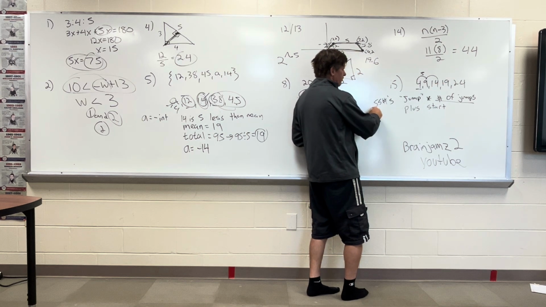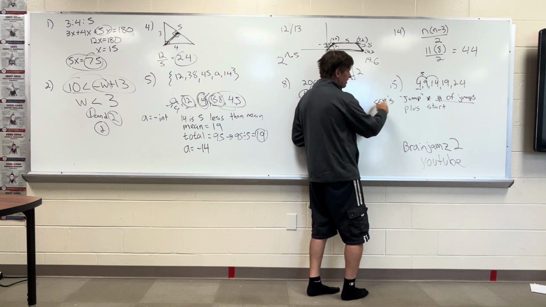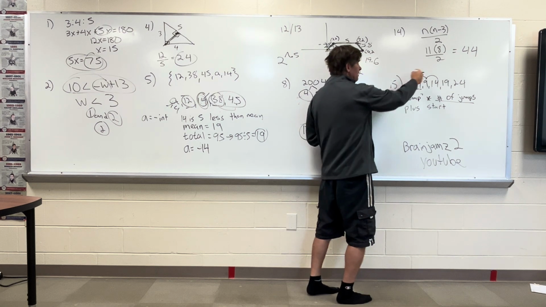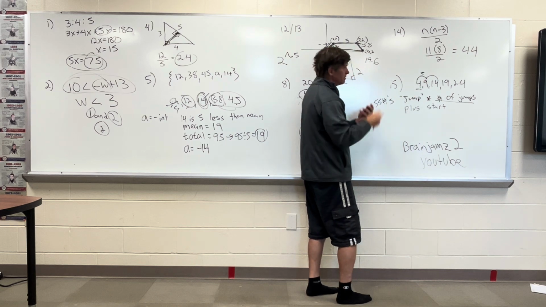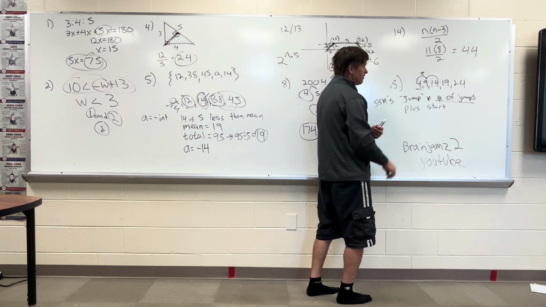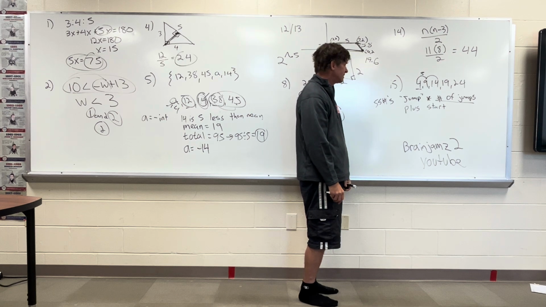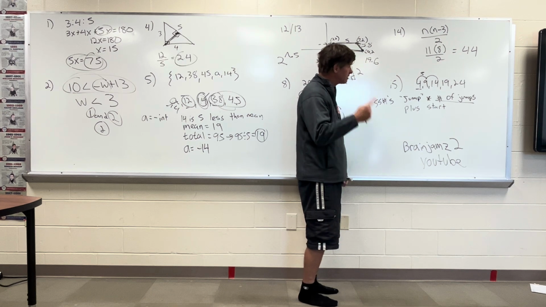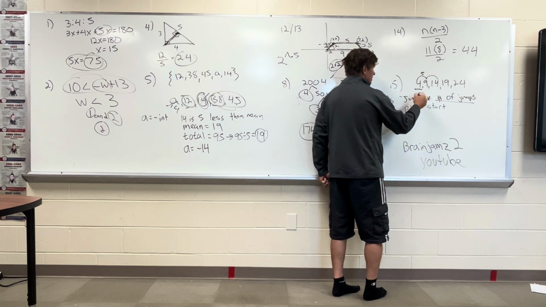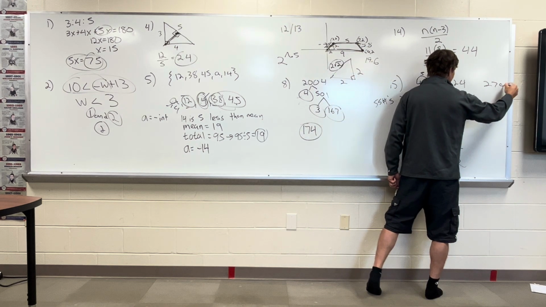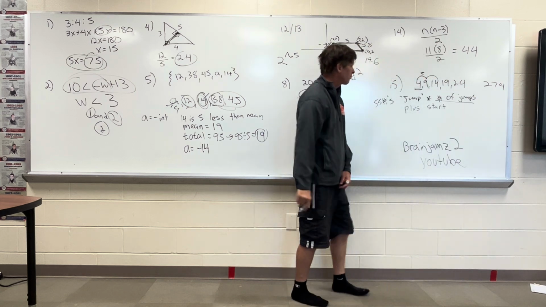So if there's 55 numbers, there's 54 jumps times the distance of a jump. So 54 times 5 is 270 plus the beginning, which is 4. So the last number is 274, okay?